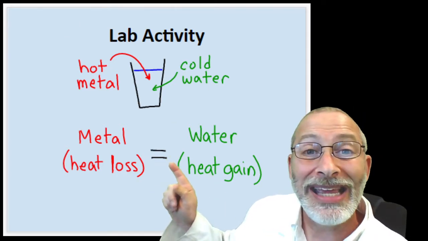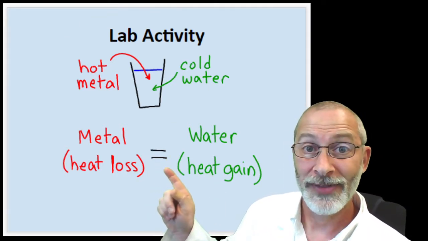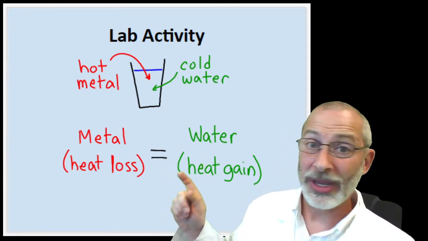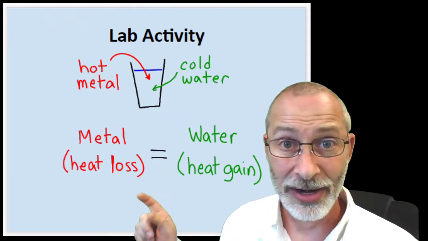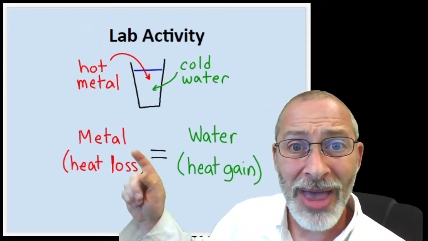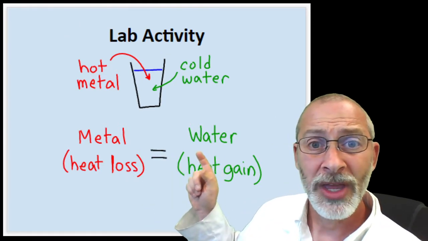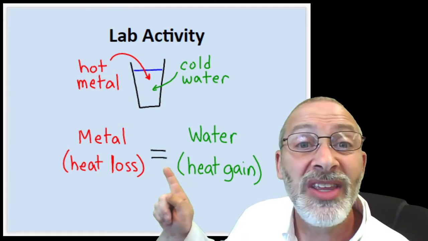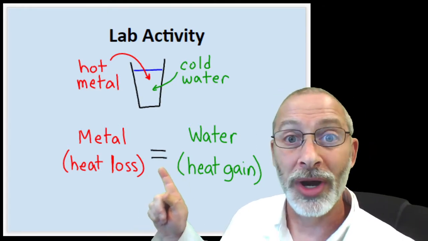We can put an equal sign here because we can't create or destroy energy. We can't create or destroy heat energy. It's got to go somewhere. So the heat energy from the hot metal is going to go to the cold water. But because we can't create or destroy, we can say they are equal to one another.